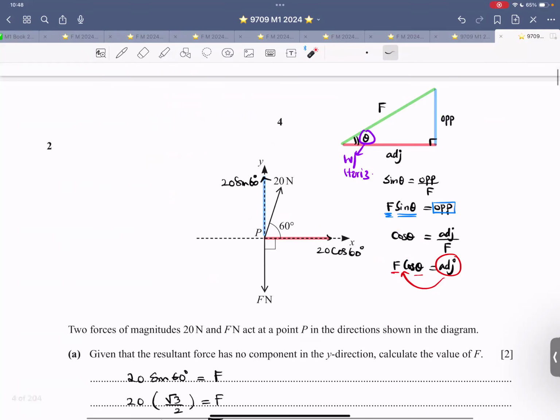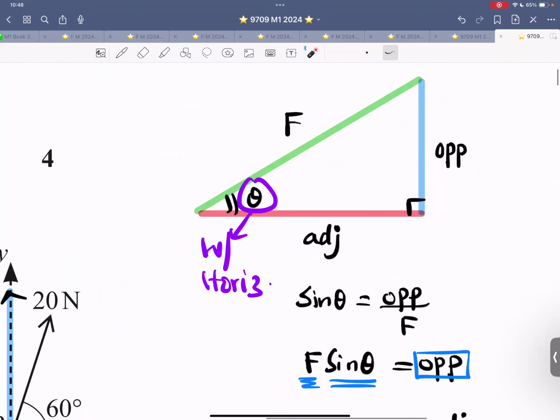Now over here, before we get started, let me just talk a bit about resolution of forces. If I draw a right angle triangle, if I label the hypotenuse as F, the opposite as opposite, adjacent as adjacent, and I'm taking angle theta with the horizontal. So if I use sine, I'll be using opposite over hypotenuse with respect to this angle, because opposite of theta is this length, the blue line.